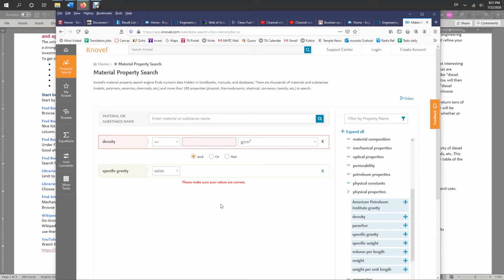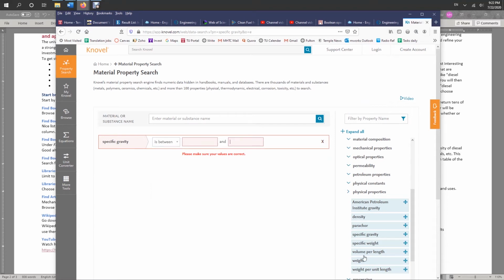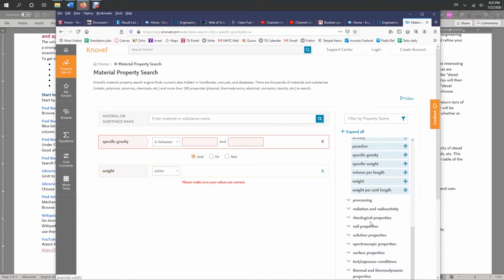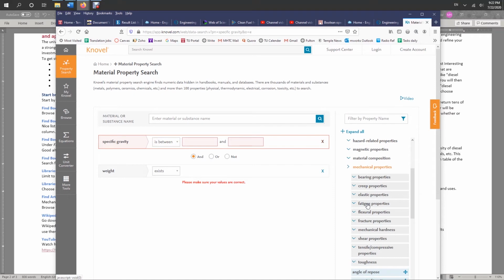You can eventually use this to actually find materials, but to just get started, you can just get an idea of what the specific gravity is. Okay, it's not giving us the units. Weight. Yeah, so if you're doing a materials-based solution, this can be useful. Permeability is sometimes useful. Mechanical properties, bearing, creep, elastic, flexural, mechanical hardness, shear properties. If you're looking for a material that fulfills certain requirements, this is the place to go. Okay, that's Knovel.